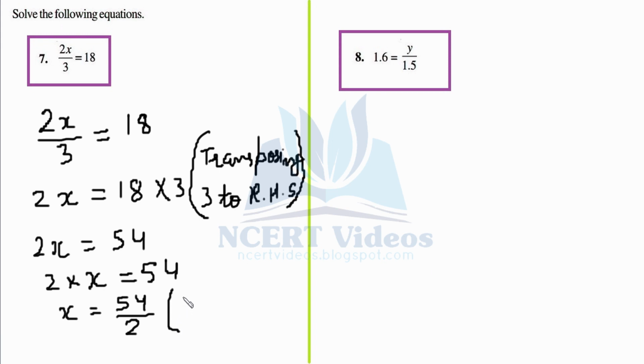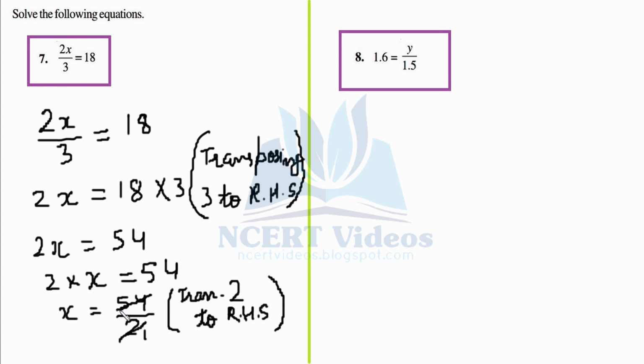And the reason you have to write transposing, we're just writing in short, you have to write it complete. Transposing 2, this is another 2, English word, right hand side, RHS. Cancelling opportunity, 2 1s are 2.